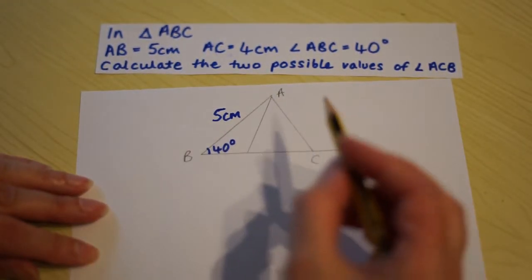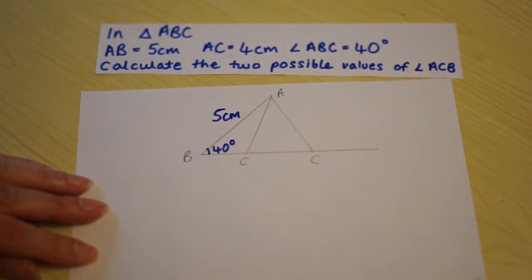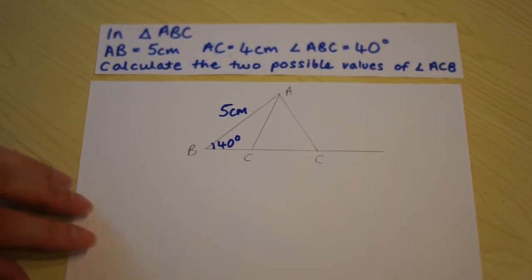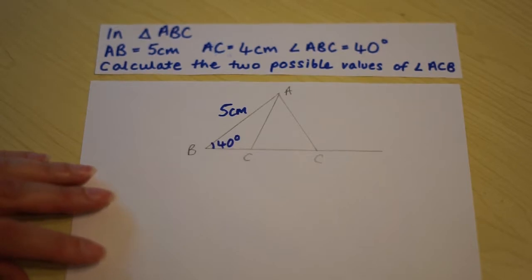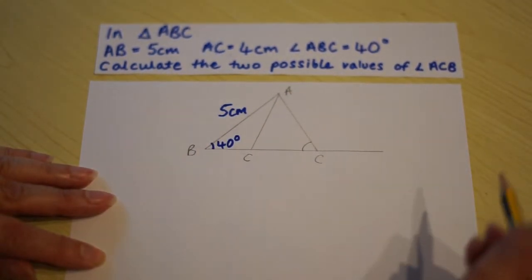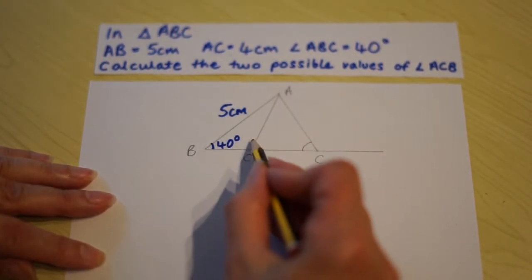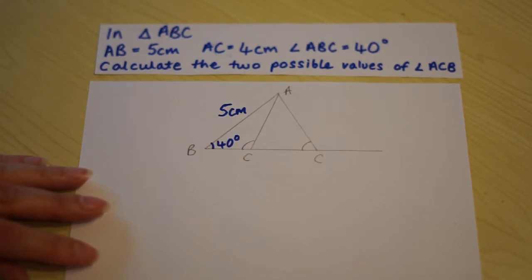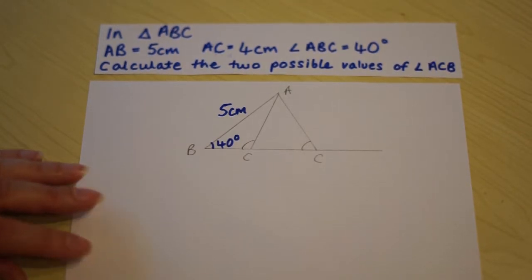So AC could be like that, AC could be like that. So we can see that we have two possible values of ACB. ACB could be that acute angle just there, or ACB could be that obtuse angle just there. And they are the two values that we need to calculate.